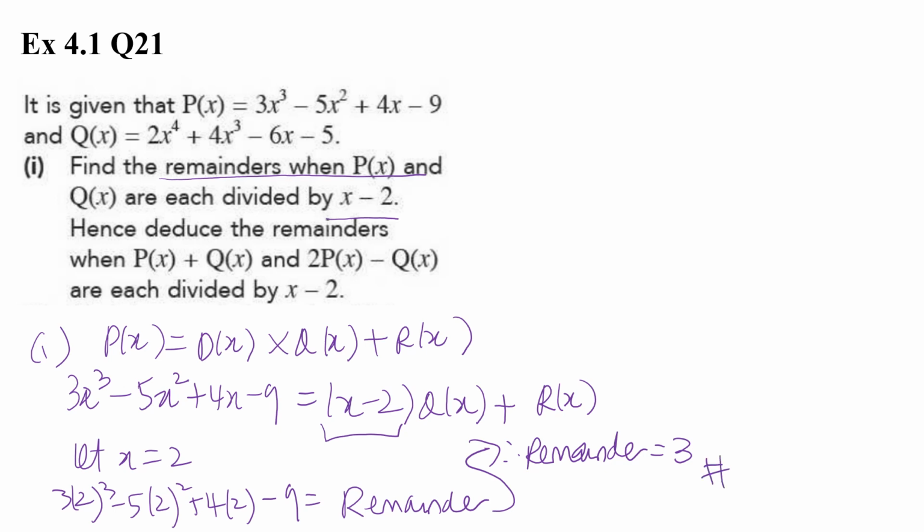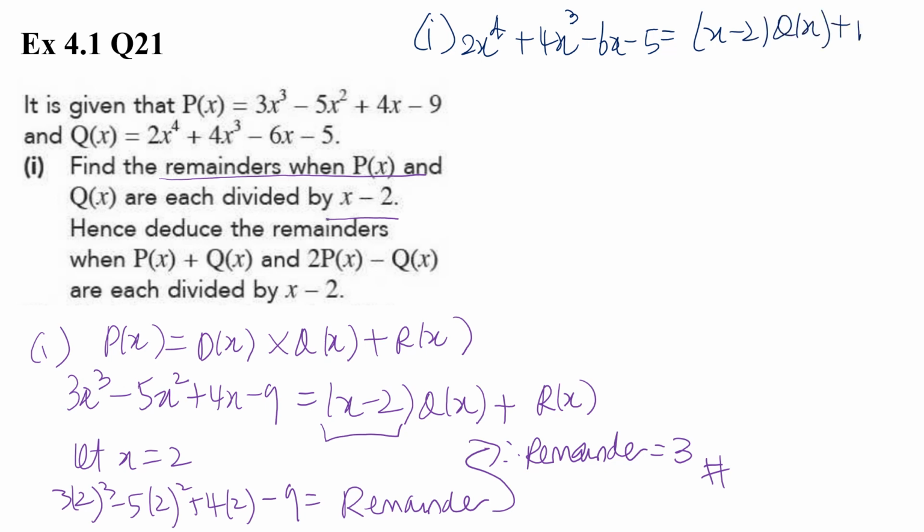And then for q of x, we stay at part 1. So let's write down q of x. That gives me x minus 2 times the quotient plus the remainder.